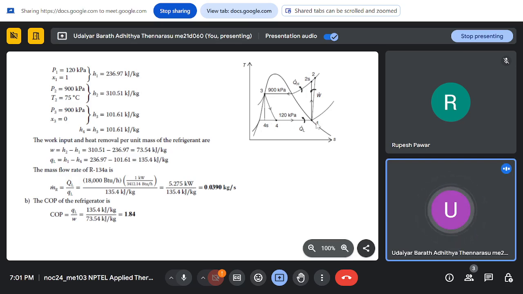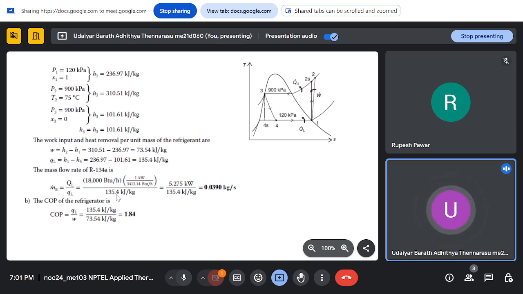And similarly the heat removal, or the cooling load, for this refrigerator is h1 minus h4, so 236.97 minus 101.61 will give you 135.4 kilojoule per kg.